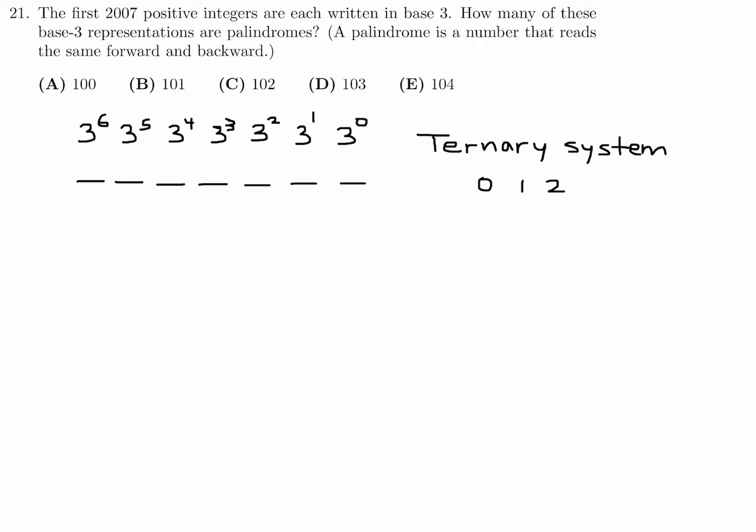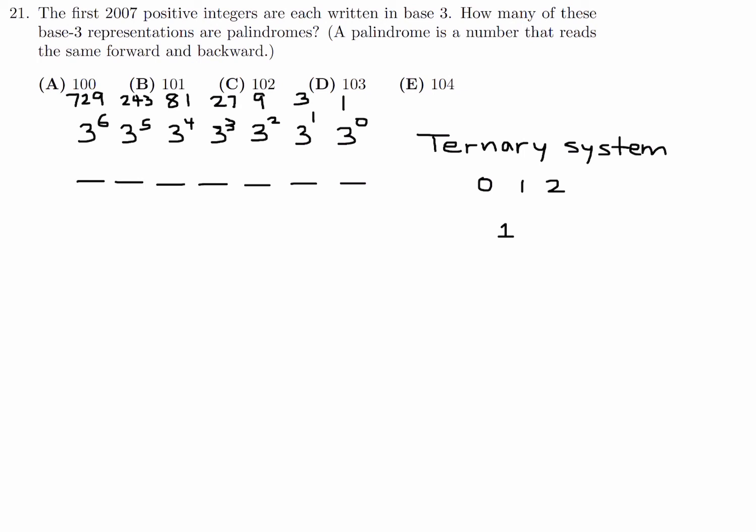So, for example, I'll give you a few examples and you hopefully get the hang of this. First and foremost, what is 3 to the power of 0? It's 1. 3 to the power of 1 is 3. This is 9, 27, 81, 243, 729. So I'll give an example. Let's say we want to write the number 1 in base 3.